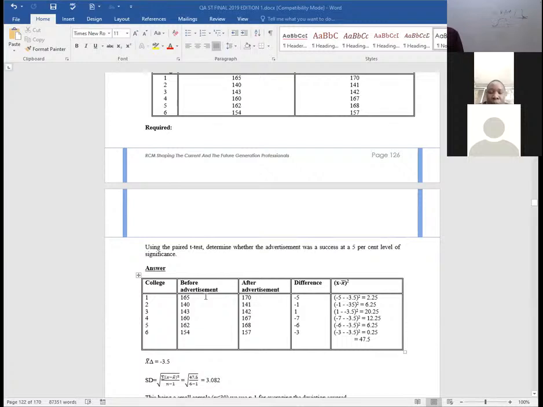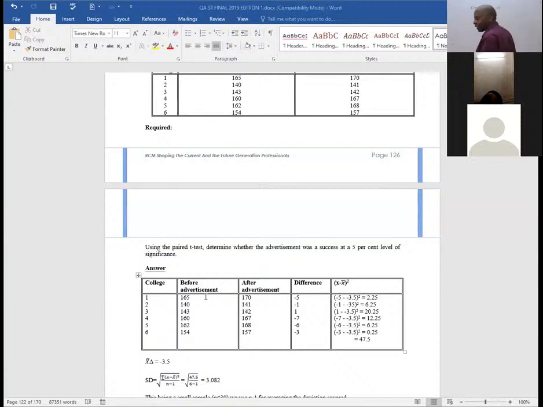Create this table. Write down the table as it was provided in the exam. So we have college here. Paired t-test, I love paired t-test. So 1, 2, 3, 4, 5, 6, right? And then we have before advertisement versus after advertisement.